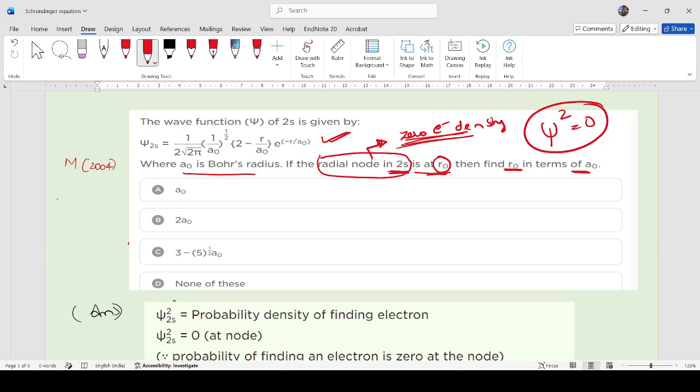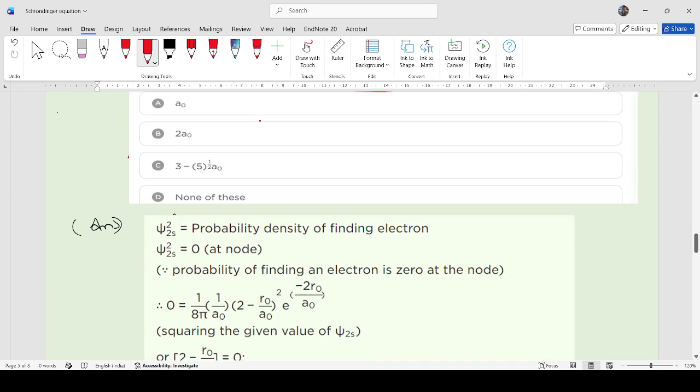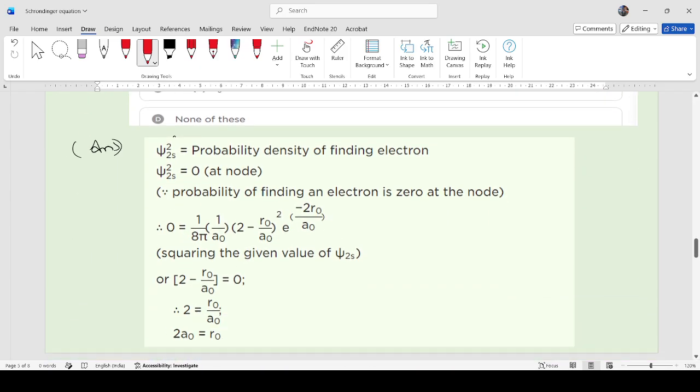Yes, ma'am. So I am taking this equation, squaring it and equating it to 0. I am saying this whole equation becomes equal to 0. You can see this exponential term is here, which also turns out to be 0. You can see this term is in multiplication, that also turns out to be 0. Correct? Yes, ma'am. I'm not actually squaring them because they are anyhow turning out to be 0, so I'm just excluding them. So this whole term is also equal to 0.